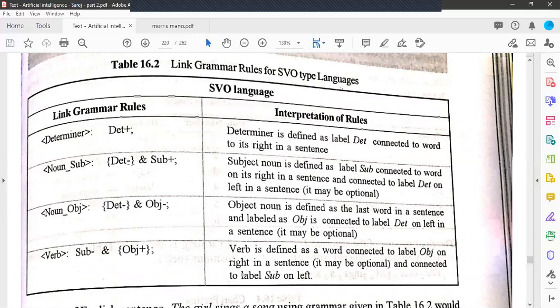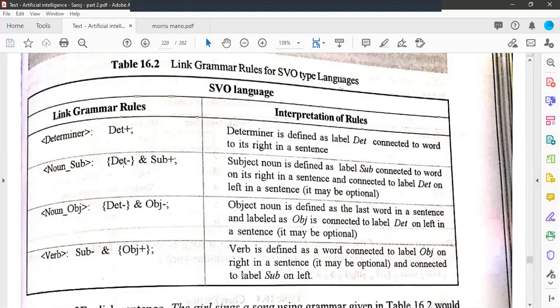And det minus and sub plus. Curly brackets are used for something which is optional. Det minus is to left.